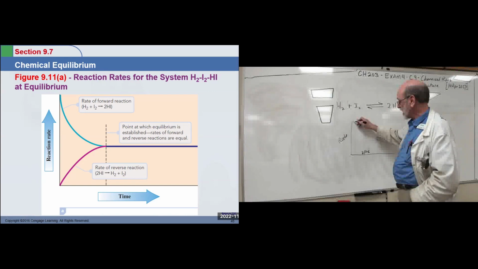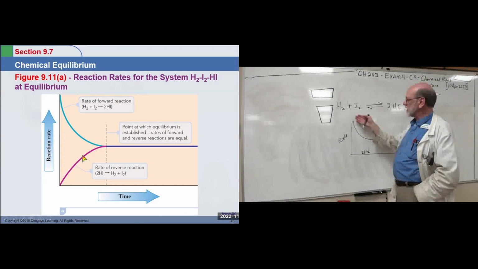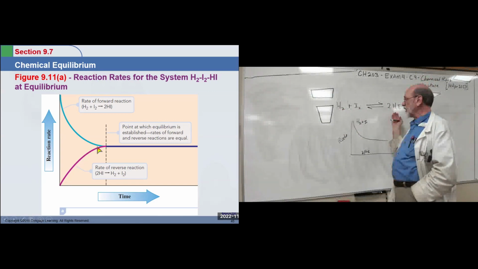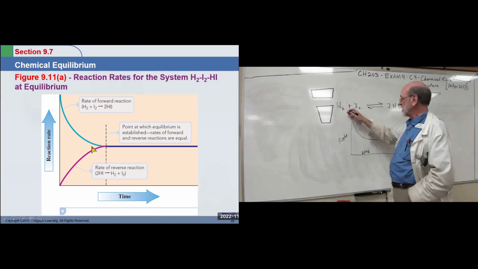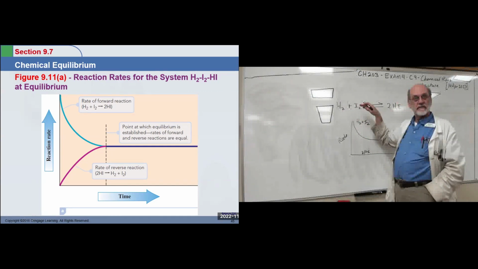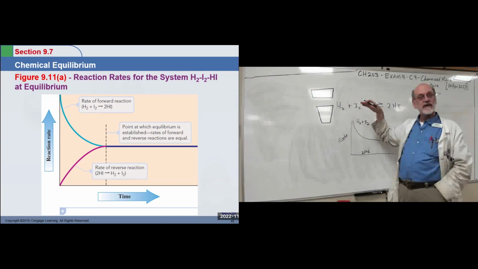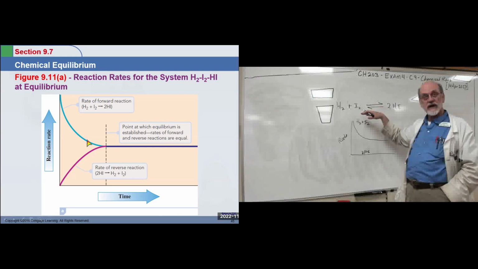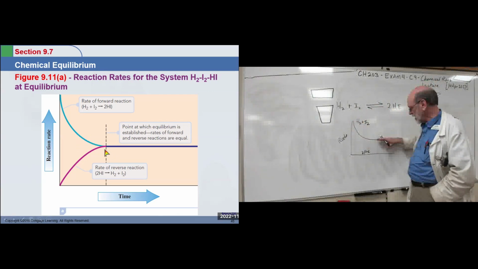And initially, the reaction rate is very high. But as we convert these to products, then the reaction rate slows down because we have fewer and fewer molecules, and concentration has an effect. So it's less concentrated, we have a slower rate. So the rate starts off really high and then goes down low.